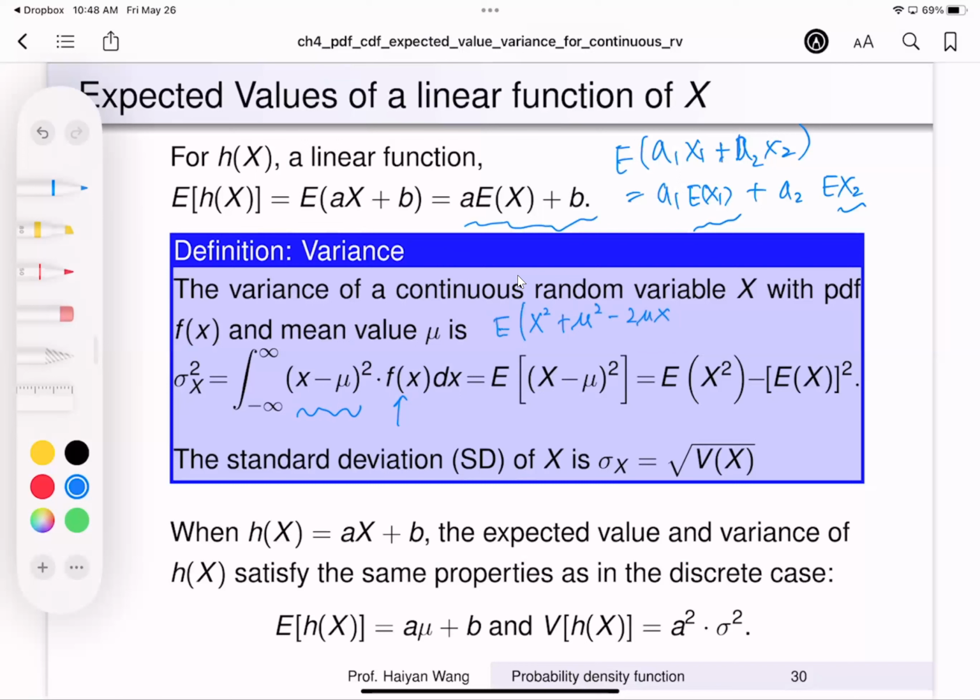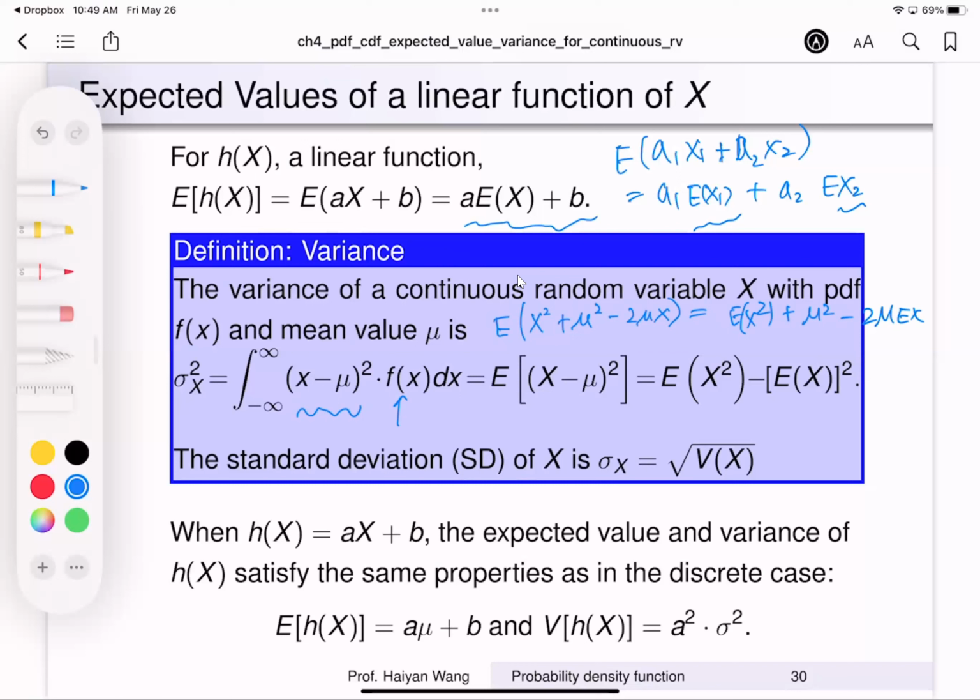This expected value has three terms linearly together, so we can have E of x squared, plus mu squared, minus 2 mu E of x. Mu squared is a constant, not a random variable, so I do not need to write the expected value of mu squared. And the 2 mu is a constant, so it comes out of the expected value. Imagine when you have x squared in there, you integrate.